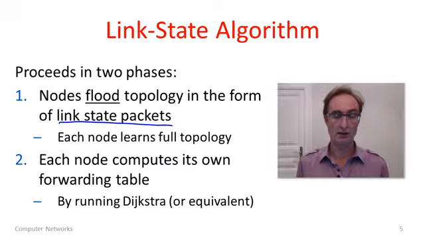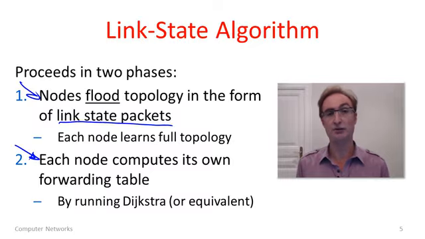And then, when everyone has the full topology, we'll move from step 1 to step 2. Each node is simply going to compute its own routes and forwarding table. So as you can see, the first step here uses flooding, which we've looked at previously, and the second step uses Dijkstra's algorithm, which we've also looked at previously. Link state really just combines these two steps, and that's how it works.